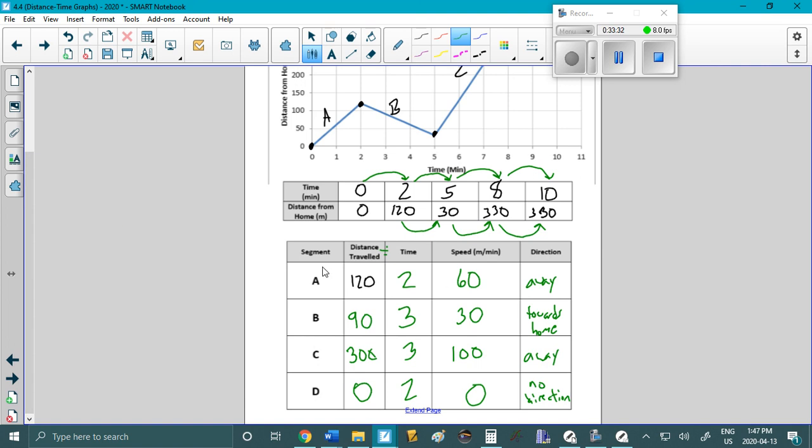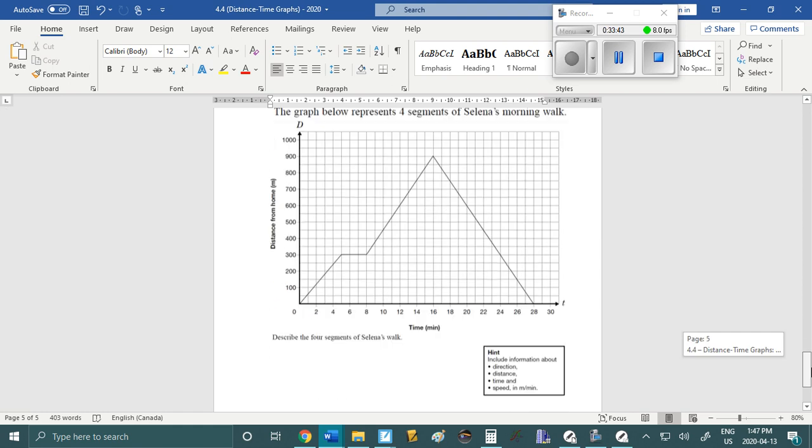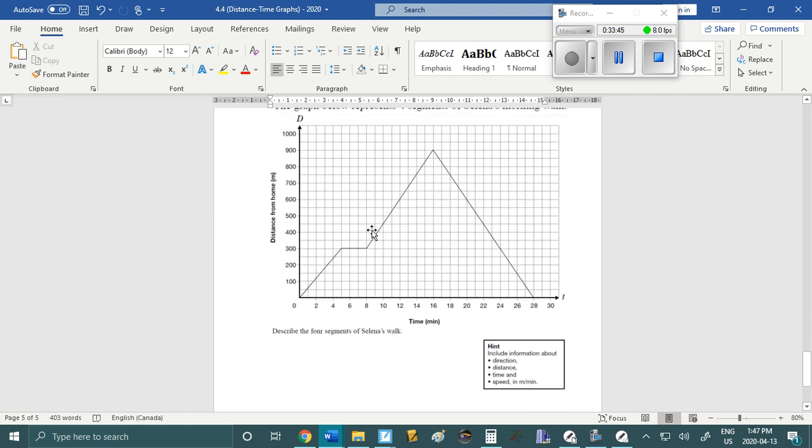You can make your own little table, or just say segment A, 120 meters, 2 minutes, 60 meters per minute away from home. So just do that for all 4 of these sections here, A, B, C, D. And if you can do that, you are good with today's stuff.